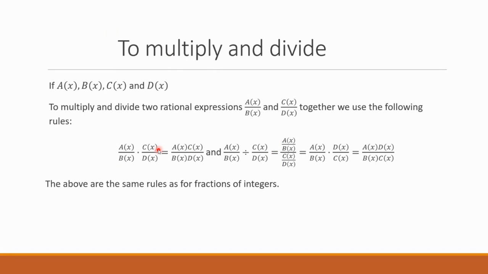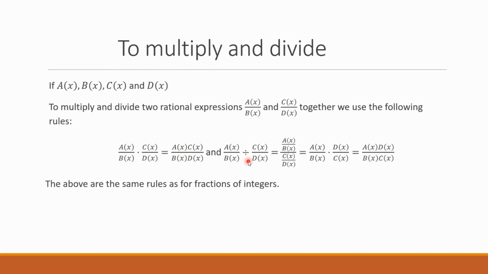Namely, if you have two rational expressions, the way you multiply them is this. You multiply the numerators together, and you multiply the denominators together, as you can see. So that's how you multiply.